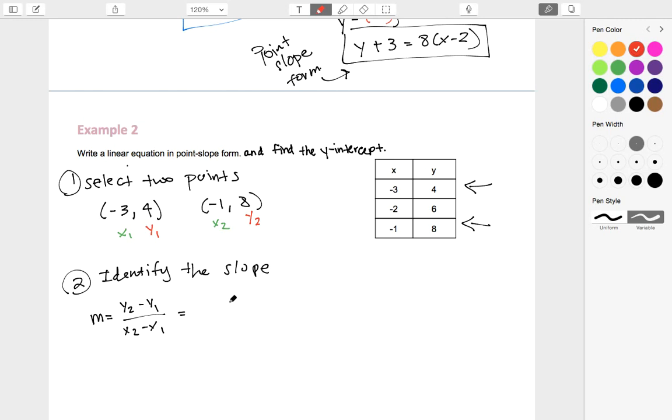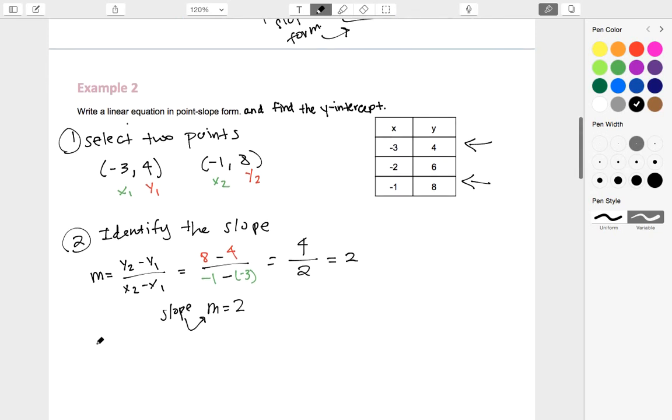So here I'll have y2 is 8 minus 4. And then my x2, we have -1 minus -3. Okay. And then we should get 4 over plus 2. And so m would equal 2. So we've identified our slope, which is great.